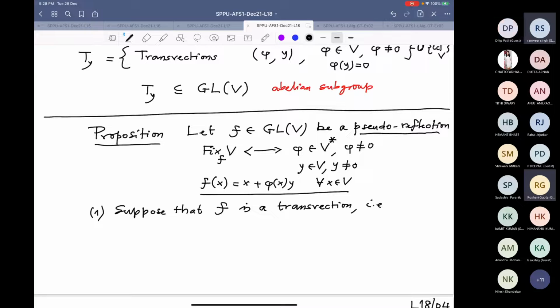That is, phi of Y is 0. Okay, then I want to say that all eigenvectors of F, these are eigenvectors of F, they are all contained in H.